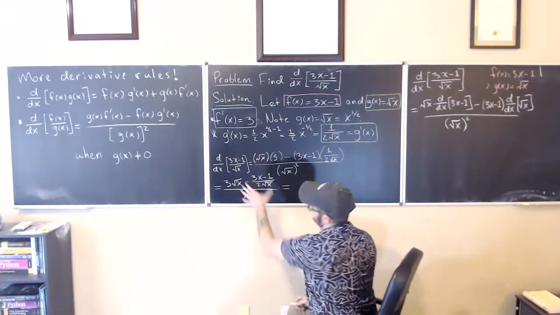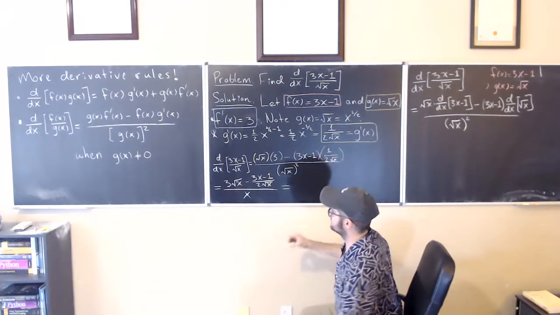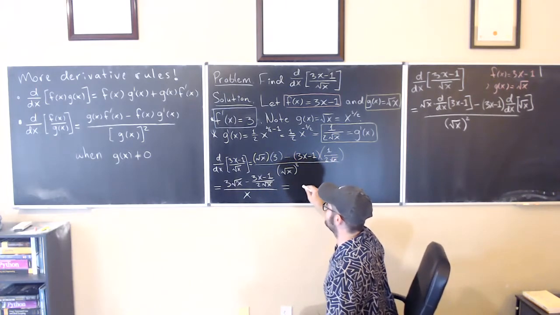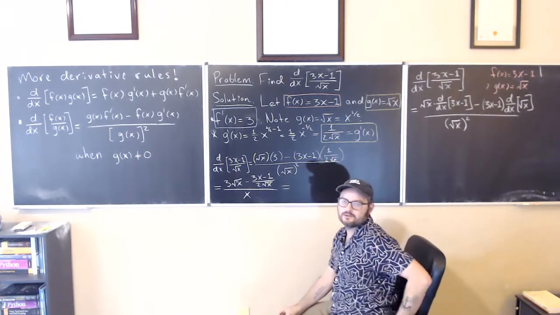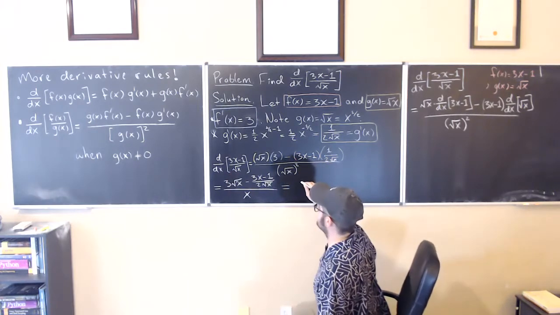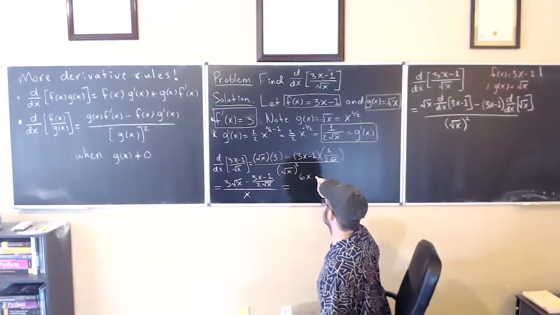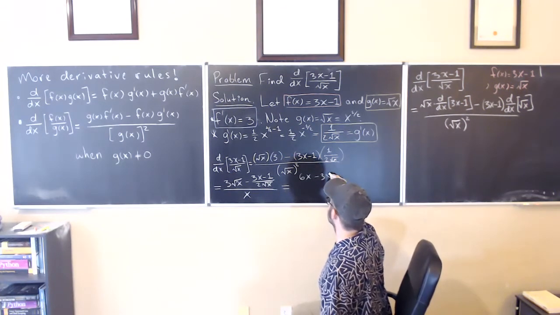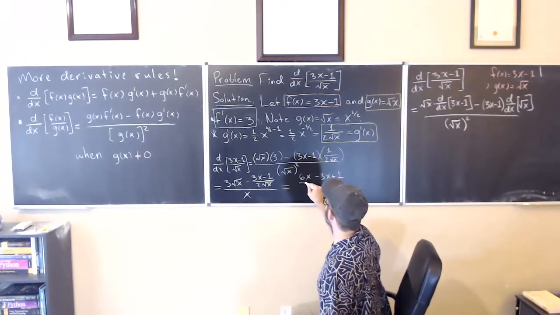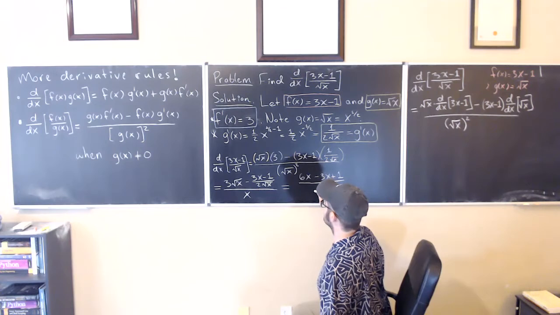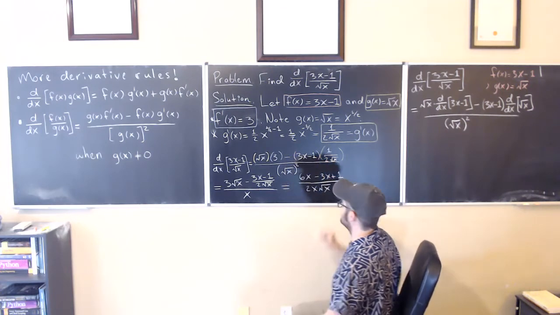I'm going to combine the numerator of this ratio first. So multiply this by 2 root x over 2 root x. So you would get 6x minus 3x minus 1, no, plus 1, all over 2x root x.